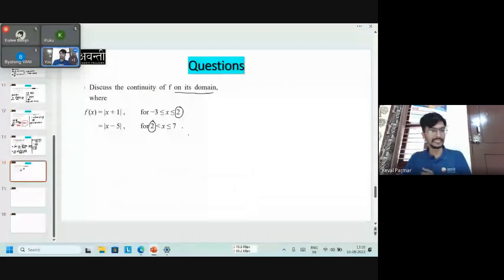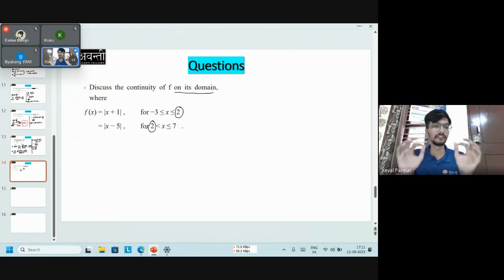That means where do I have to check? I have to check particularly on 2. But here's the twist. The function is a modulus function, which is already a piecewise defined function. So we have to also break the modulus function. There are two modulus functions, so we'll break both the modulus functions.